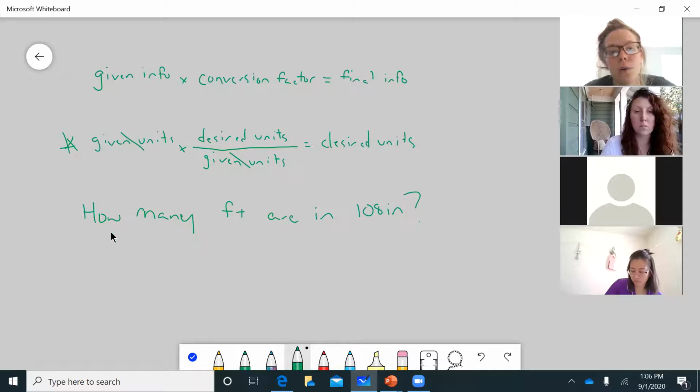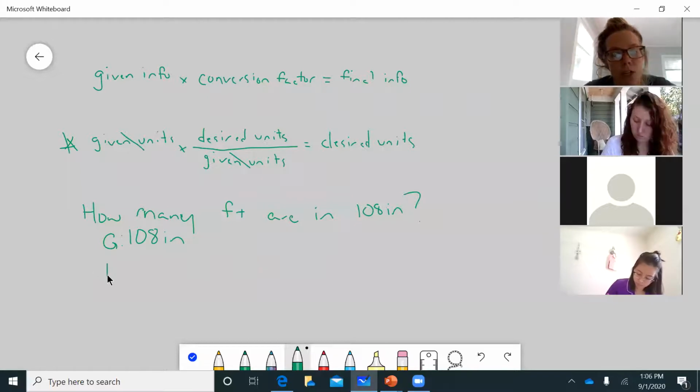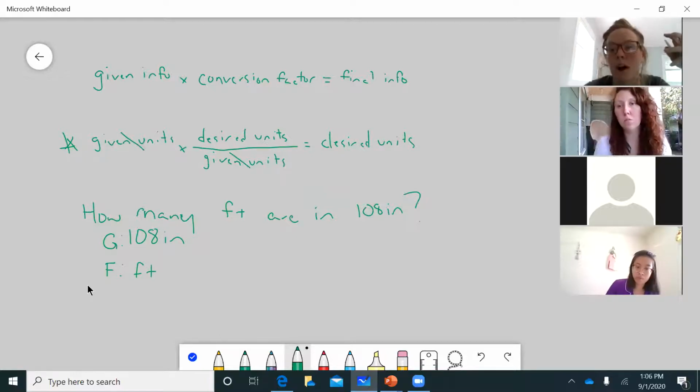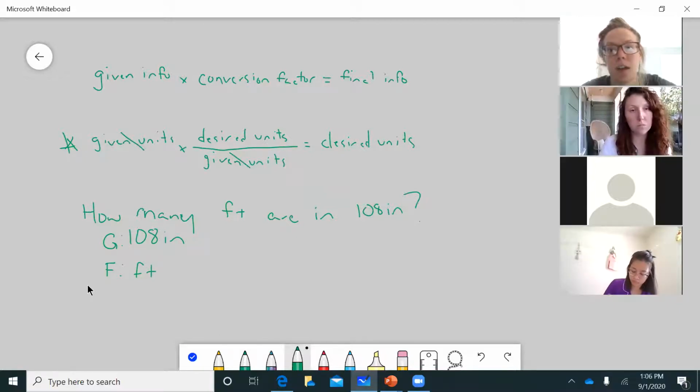So we always are going to start with, I'm going to write it out too. My given information is 108 inches. What I'm trying to find is feet, and you're always going to see me writing given and find, because this again helps to massage that critical thinking, where it's not just this problem you know how to do, but you'll be able to attack any dimensional analysis problem.